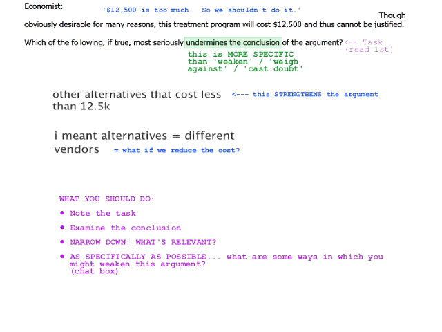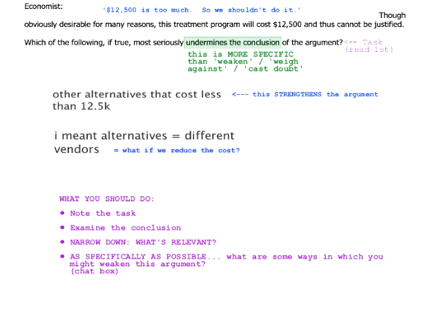One thing about things that strengthen and weaken arguments on this test is that they don't directly go against statements that have been made. So in other words, if the argument says the program is going to cost $12,500, then one thing we know is that the program is going to cost $12,500. You'll know this if you've done more than a handful of problems from this test.